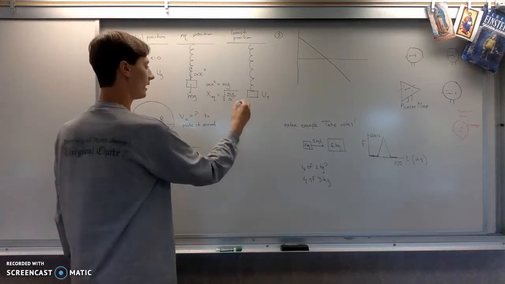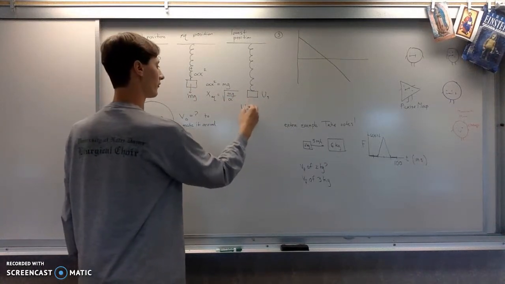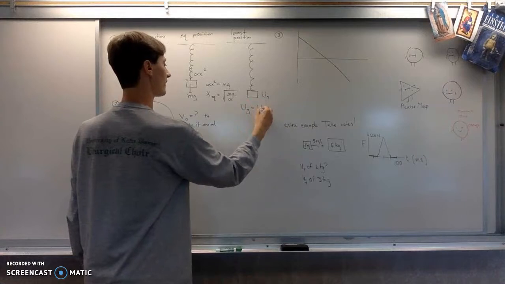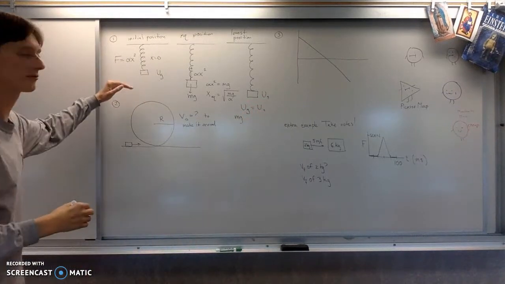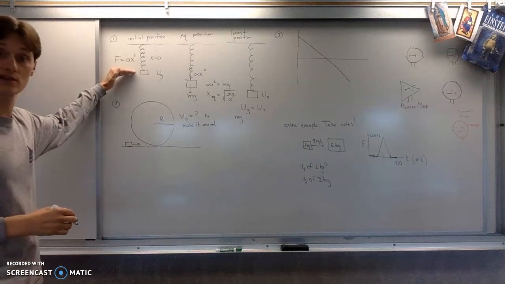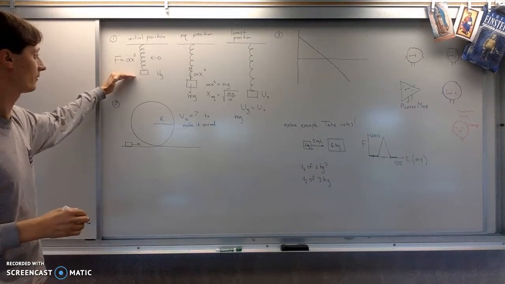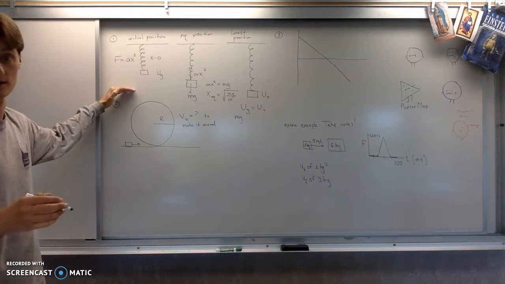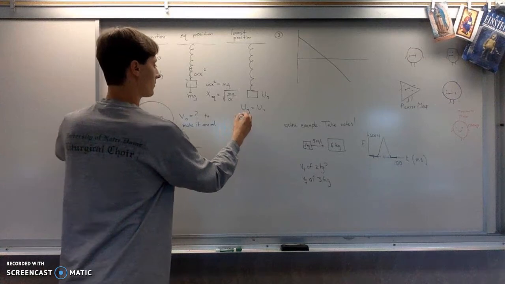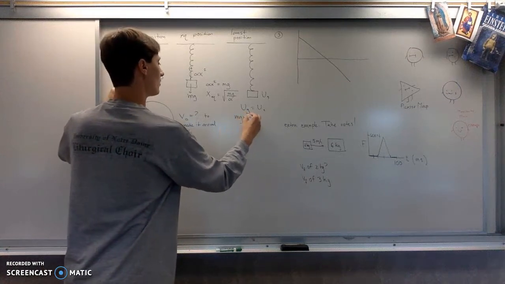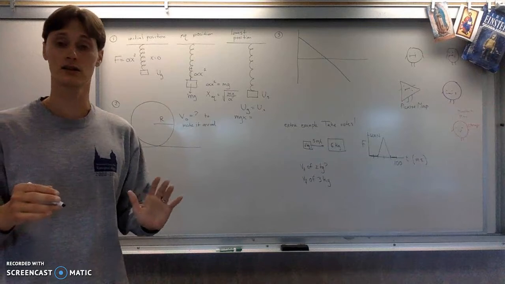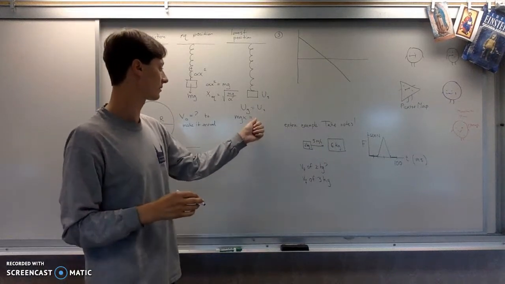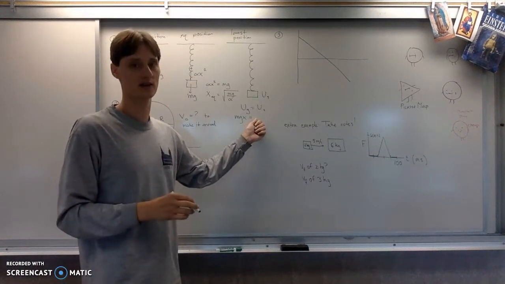If it were just a regular spring, then I'd be doing mg, oh golly, what do I do for h? Well, since we started at x equals 0, the change in height is the extension of the spring. So mgx equals, now, I started to say, if it were a regular linear spring, then we would say 1/2 kx squared.